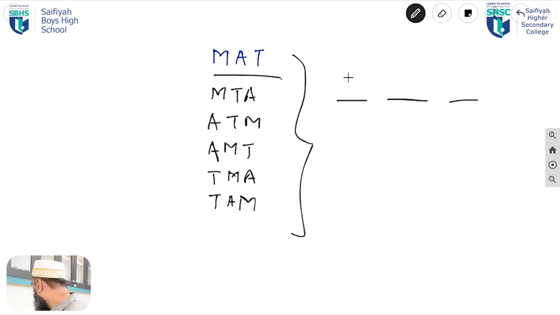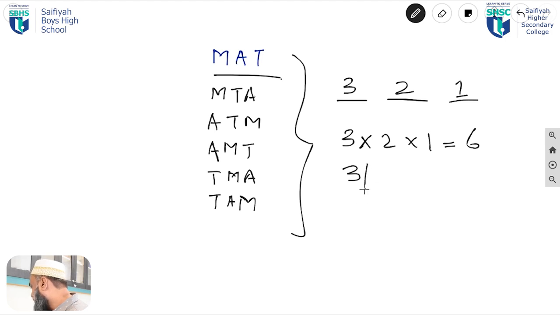So in the first place, all the 3 letters can be chosen, so I will write number 3. In the second place, there are only 2 letters remaining, while in the third place only 1 letter remains. So the number of ways in which the letters in the word MAT can be arranged, we can write as 3 multiplied by 2 multiplied by 1, which is nothing but 6, or you can say 3 factorial.